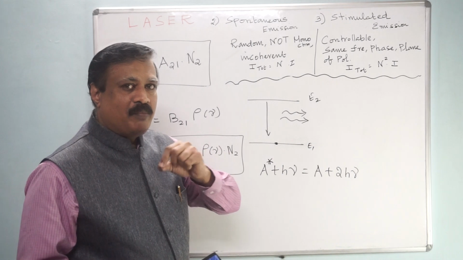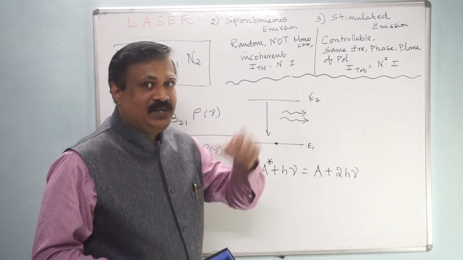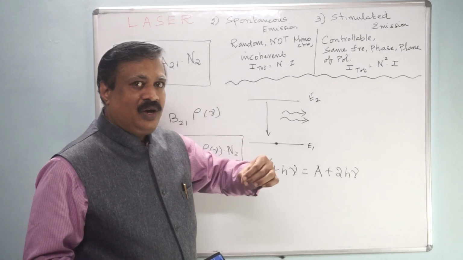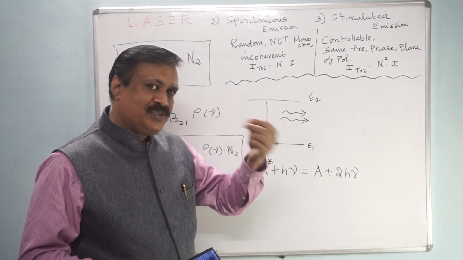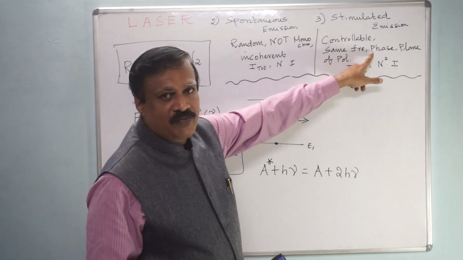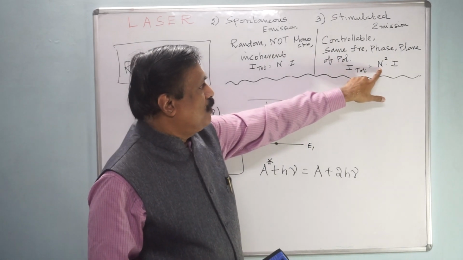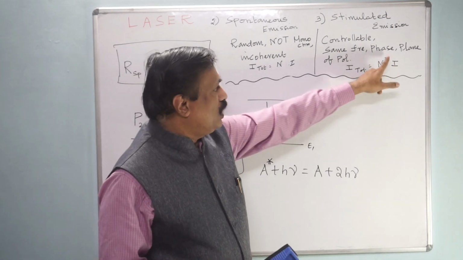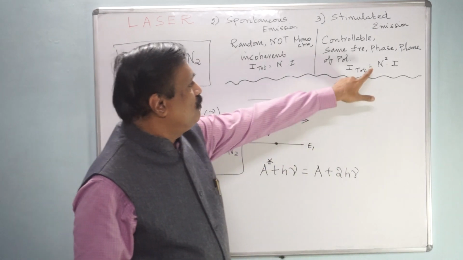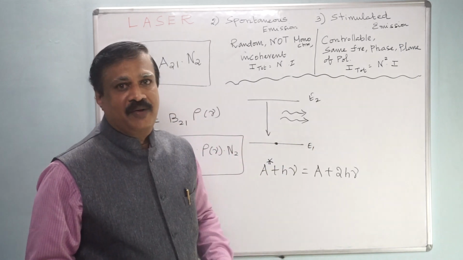That means we are making the atom jump from higher state to lower state. Before it jumps, we have to give a photon, and it jumps from higher state to lower state, and both have the same frequency, same phase, and are plane polarized. And intensity is the square of the number of atoms, N squared, into I, intensity of a single photon. That means intensity is amplified.